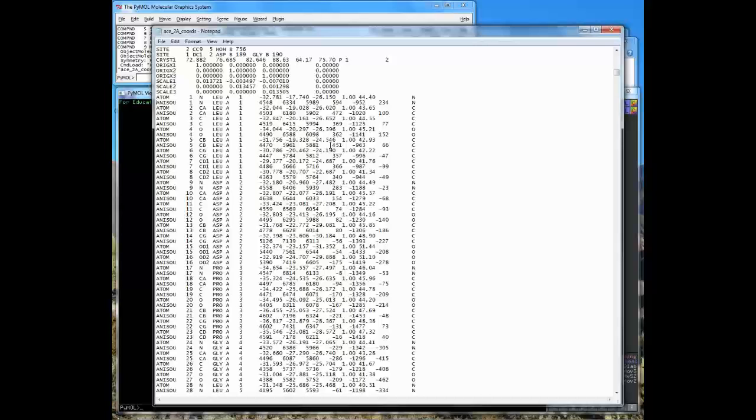So this is atom number 1, it's a nitrogen, it's part of a leucine amino acid, it's in chain A, sort of, if there's like two proteins within the asymmetric unit, and leucine is residue number 1.